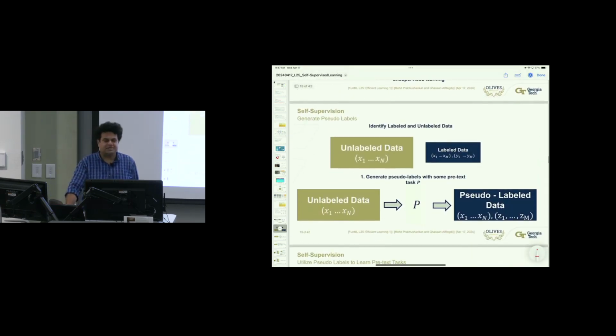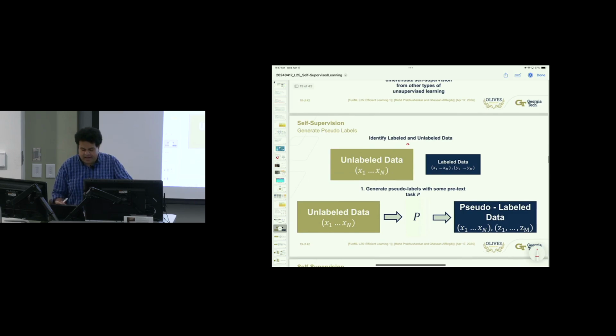So let's go through the process of self-supervision before looking at an example. In the beginning, we start by identifying the labeled and unlabeled data. Even when we did autoencoders, we got these clusters, let's say when you did the MNIST dataset. Having access to one or two labels within the clusters, you'll be able to determine which cluster belongs to, let's say, number 1, 2, or so on.